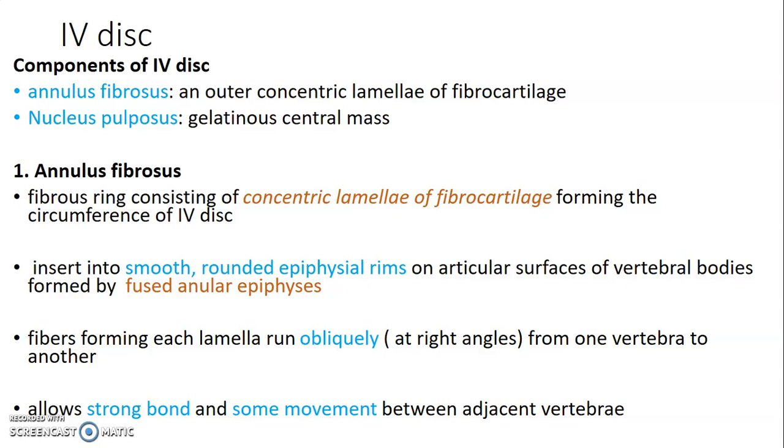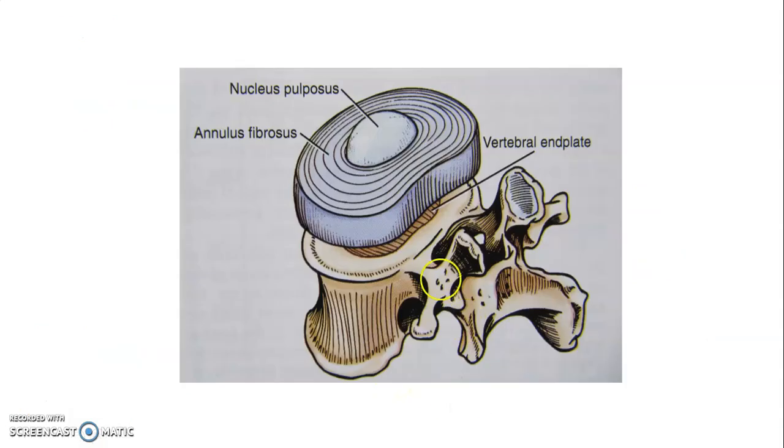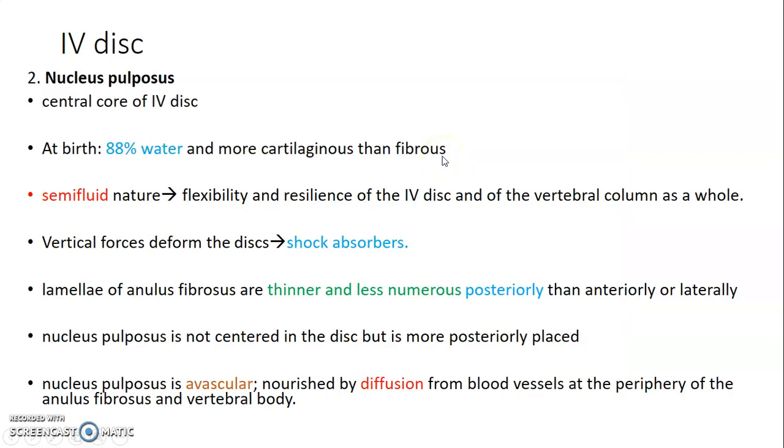The fibers run obliquely at right angles, and they form a strong bond and allow some movement between adjacent vertebrae. So this is the annulus fibrosus, and this is the inner gelatinous nucleus pulposus. This is the outer circumferential fibrocartilage that attaches onto the end plates.